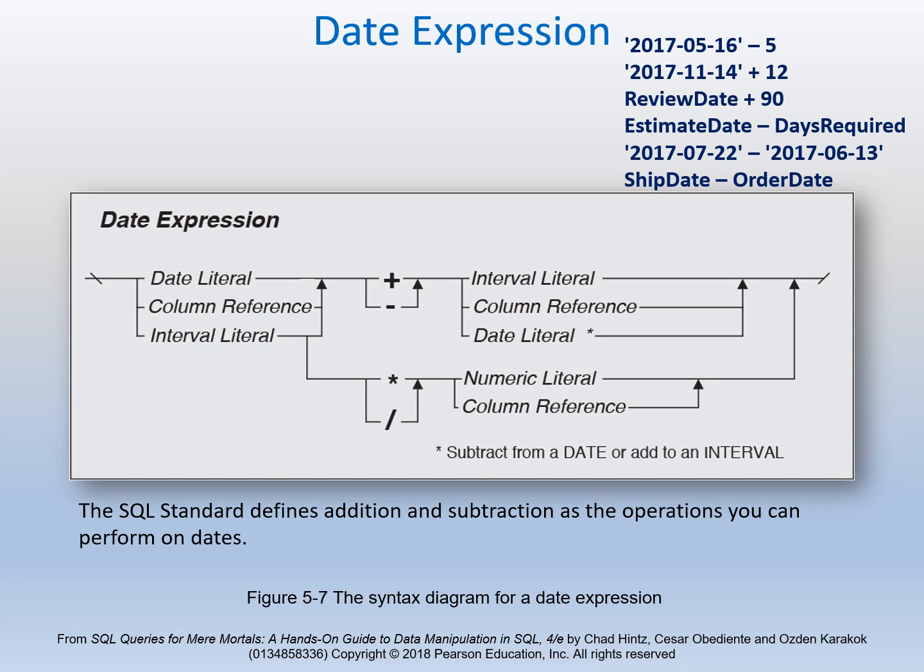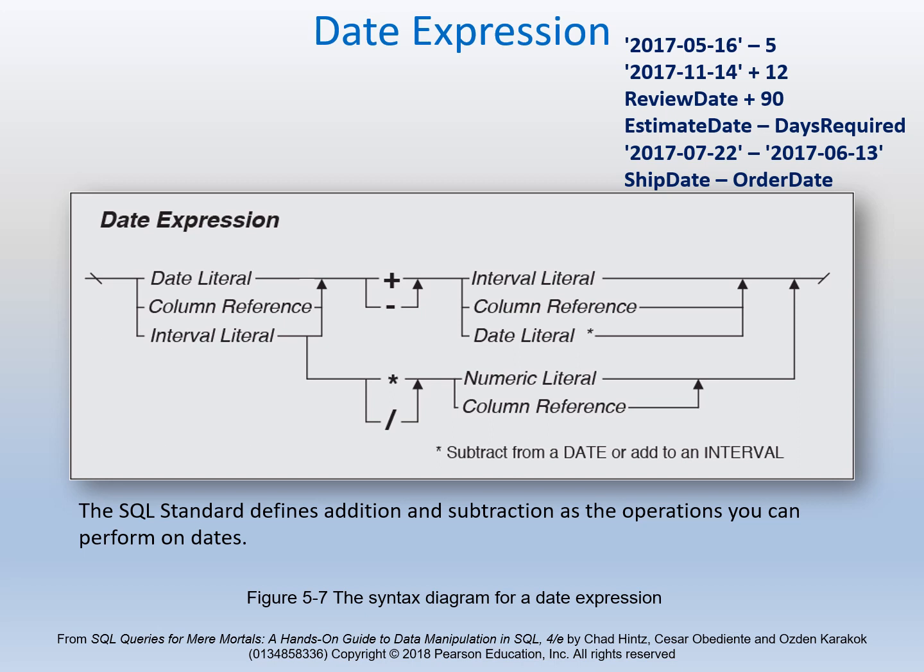Again, literals that are dates and columns with the date data type. Here we have examples of two dates with the operator minus. So we have 2017, the month would be May, the day is 16, minus 5. Again, we have 2017.